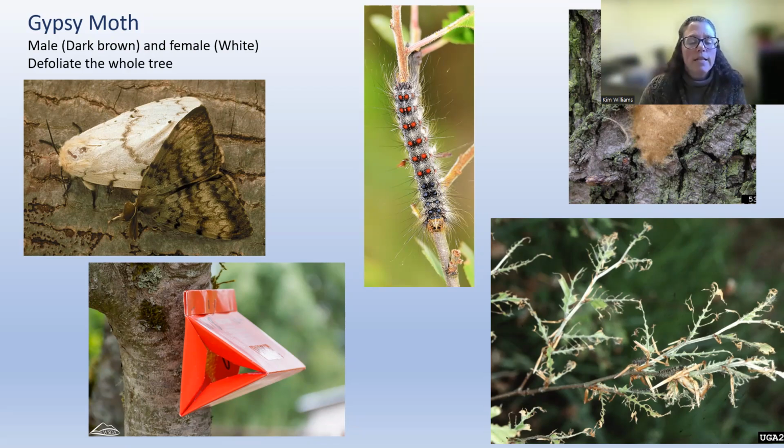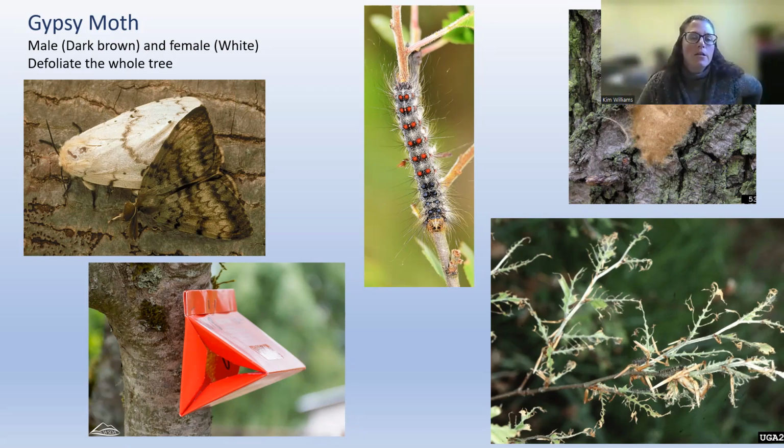The identifying marks on the caterpillar are these 3 pairs of blue dots and then several pairs of red dots. If you see that, you want to destroy it and make sure it's destroyed. There's such a problem with gypsy moth, especially on the East Coast, where it will just defoliate forests.